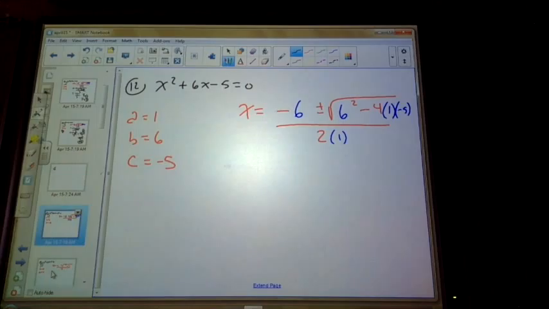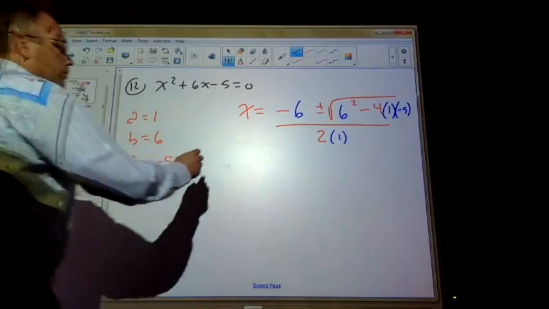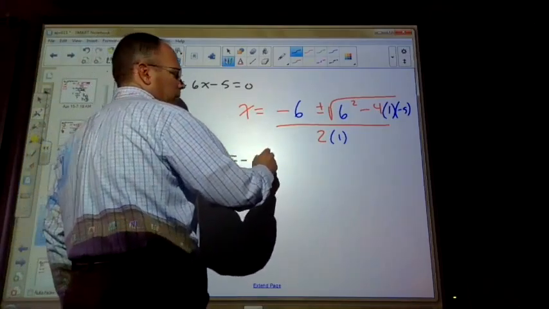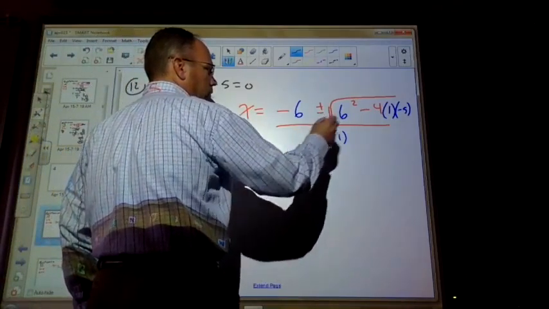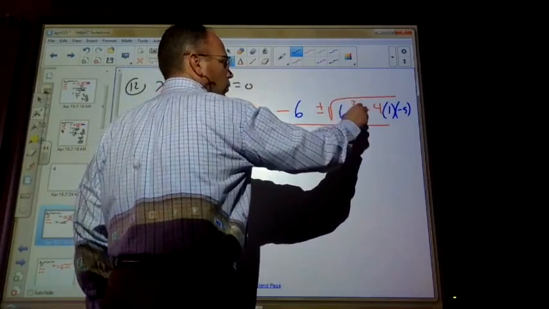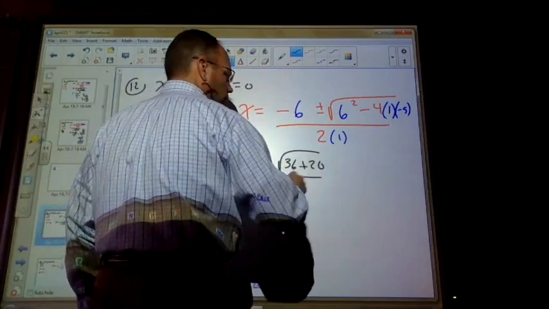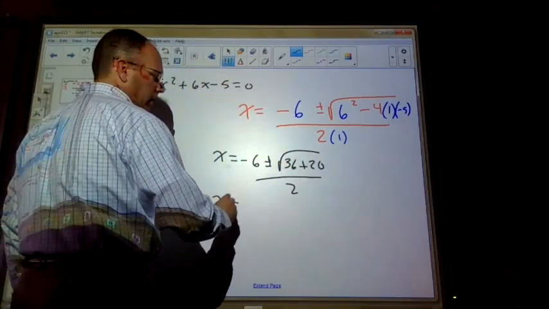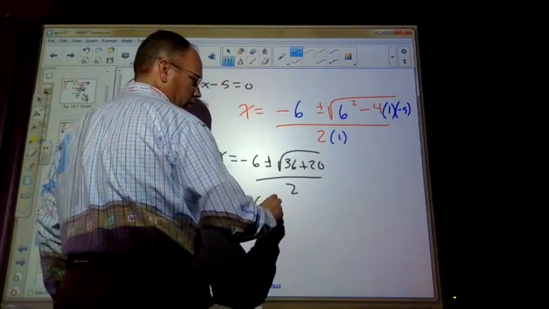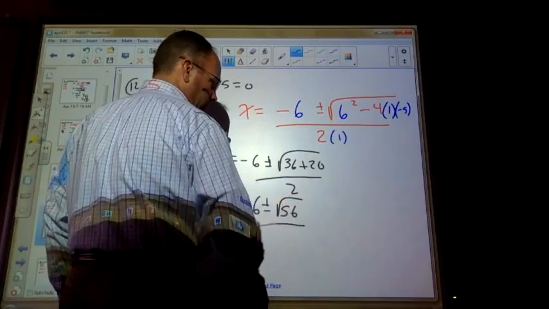Number 12, my A, my B, my C are 1, 6, and negative 5. Let's plug our values in. So I get negative 6 plus or minus root 36 minus 4 times 1 times negative 5, so plus 20, over 2. Looks like we're going to get root 56 under the radical, well, again.